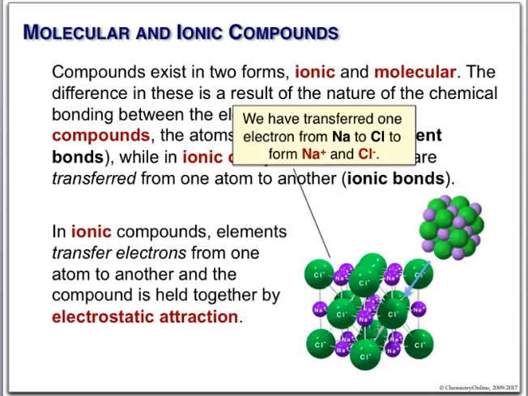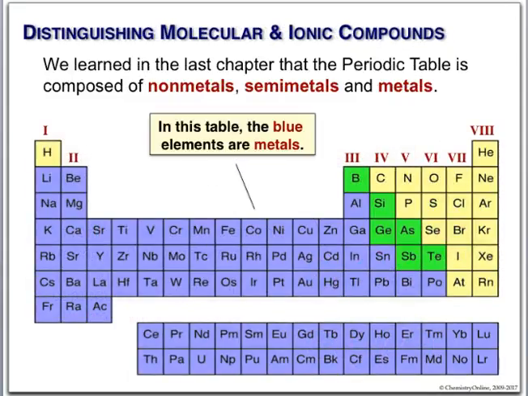Now remember when we talked about the periodic table and why some of them are colored. We said it's because there were metals, nonmetals, semimetals, whatever. This is how you know if a compound is going to be ionic or molecular. Let's review. In this periodic table, we have colors. Everything that was blue is a metal.